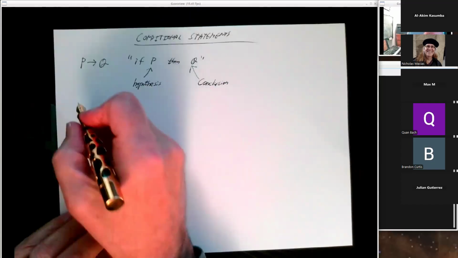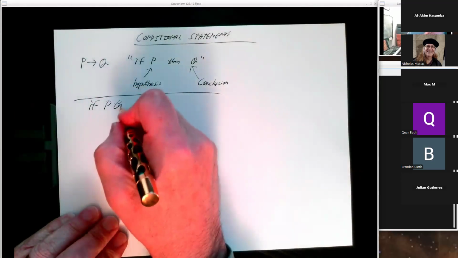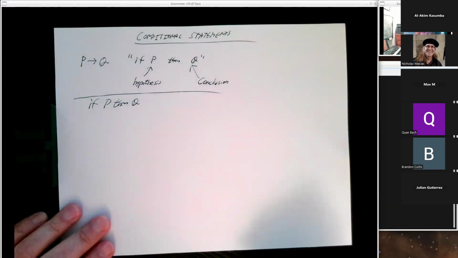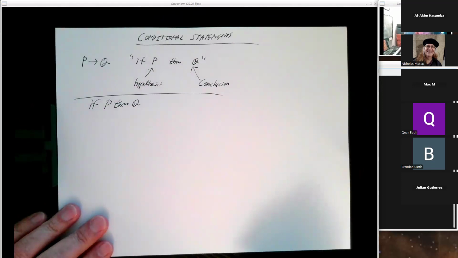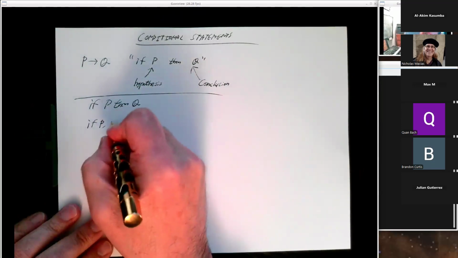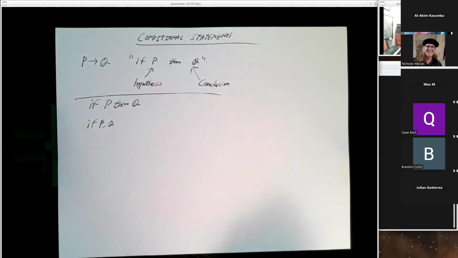And this idea of if P then Q, this is where we can get into some funny business with language. Sometimes we might say if P, comma, Q, and that means the same thing.